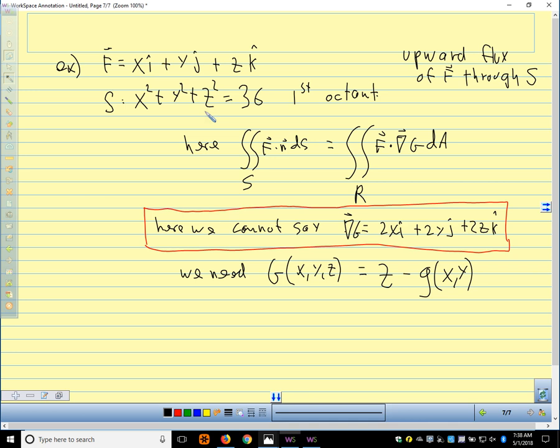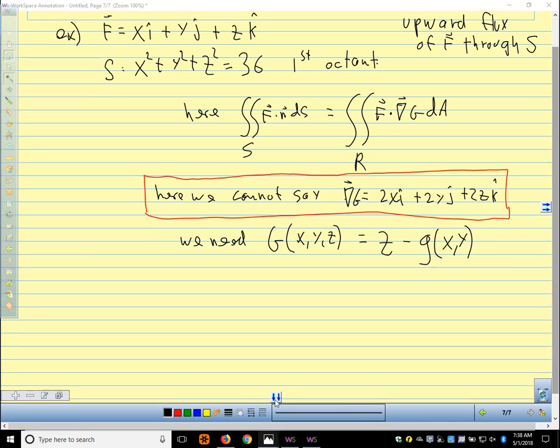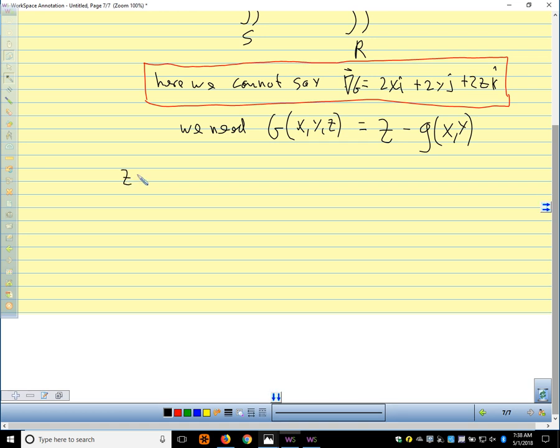So we're going to say that z equals the square root of 36 minus x squared minus y squared. And g equals z minus the square root of 36 minus x squared minus y squared.